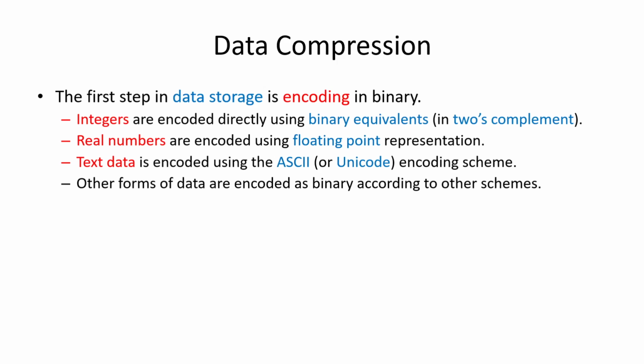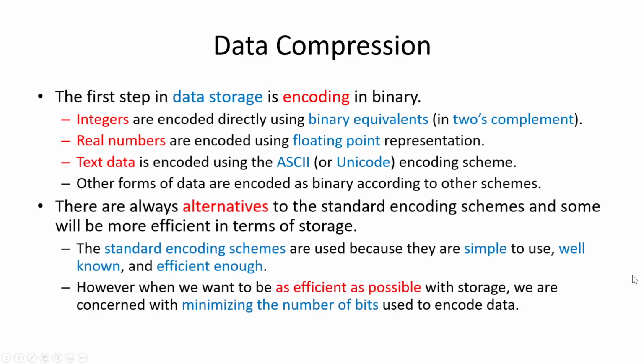All of these encoding systems are straightforward and easy to use, and that's one of the reasons why we use them. But every once in a while, we're going to want to switch to an alternative encoding method, usually because there's some reason why switching to a different encoding is going to be good for us. Usually it makes something more efficient. Our focus here is going to be data compression.